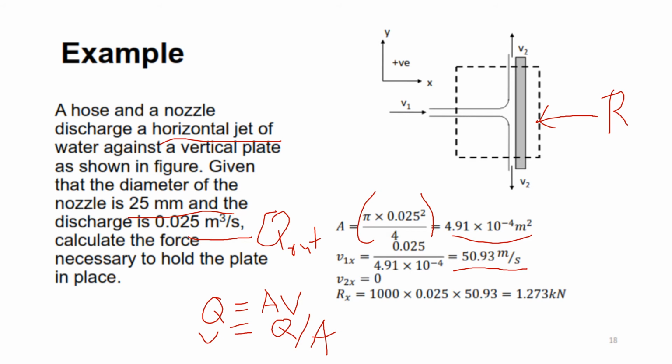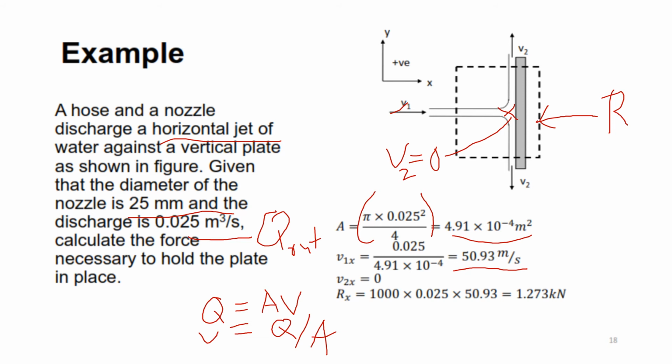Okay, why is V2x 0? Because it moves from here to here. At this point, the V is 0. So this one is V2. Because we already have V1 from earlier, and V2x is 0, we can calculate the Rx.